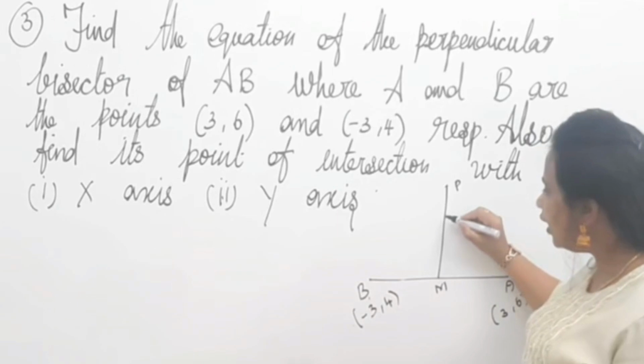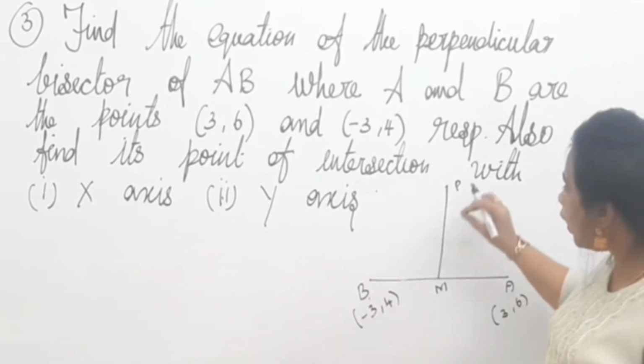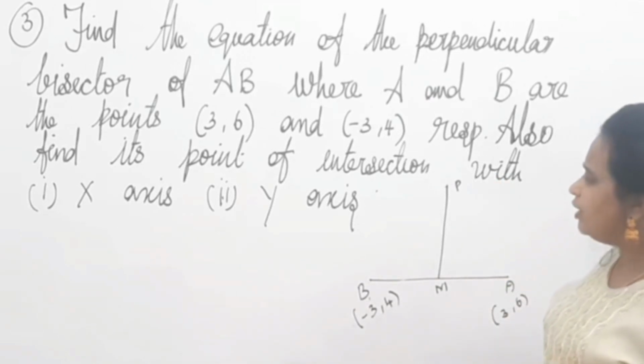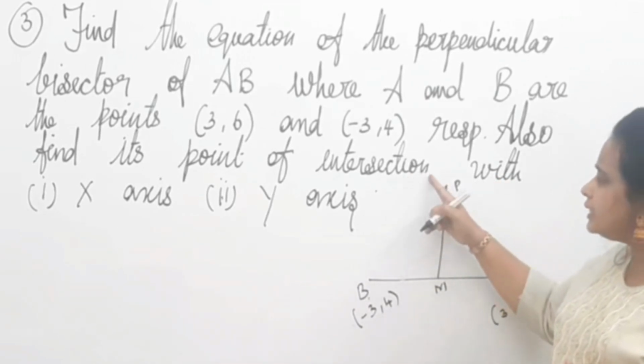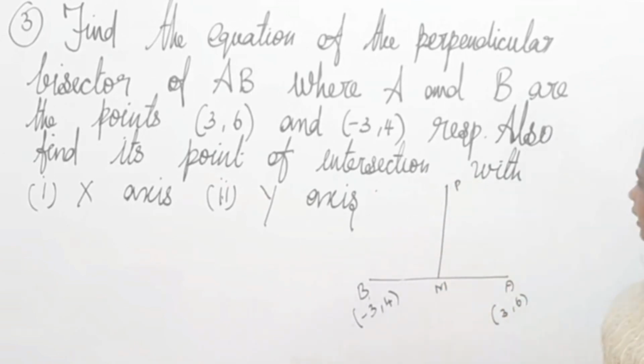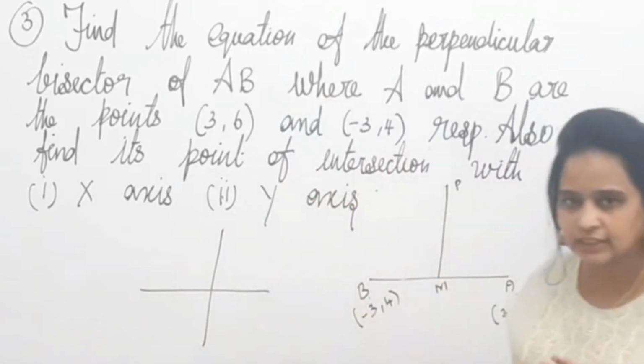Now I have to find the equation of this line and also the coordinates of P and M. Now it is given the points intersect at x-axis and y-axis. That means you will have your coordinates like this, the Cartesian plane.